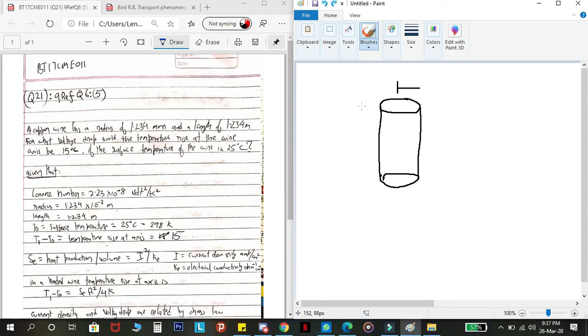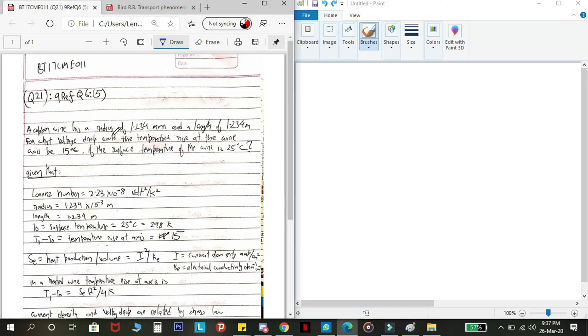Now, for the solution, first we must see what data is given to us. The data that is given to us is the Lorentz number for copper, which is 2.23 into 10 power minus 8 volt square per Kelvin square. The radius, which is given as 1.234 mm, which in standard units is 1.234 into 10 power minus 3 meters.